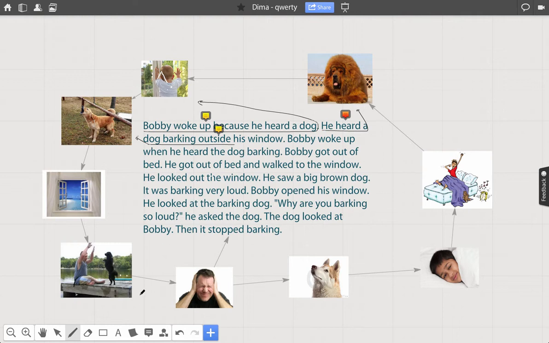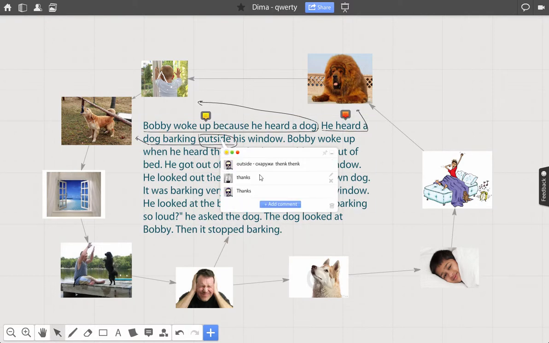If a student has a problem or cannot understand, for example, outside, then you can make a little comment here, and then you can translate. I understand. I just prefer to reduce Russian as much as I can. But here, if I type it, it's fine. I can do Russian.